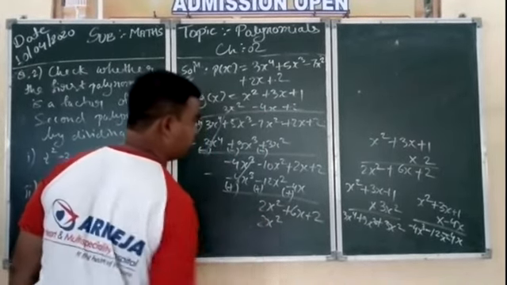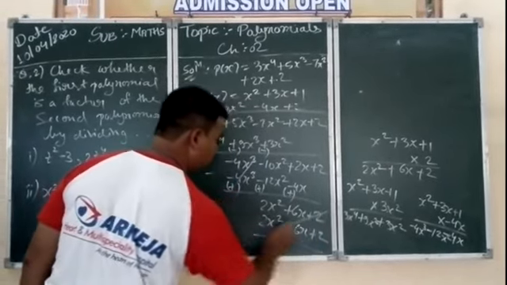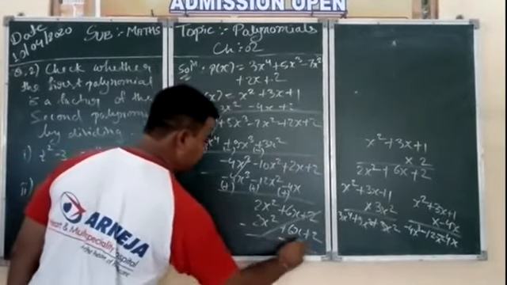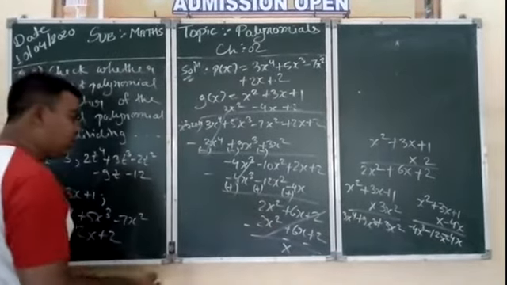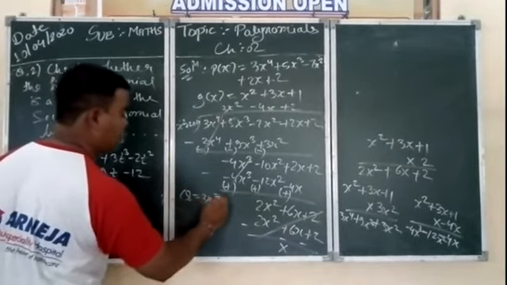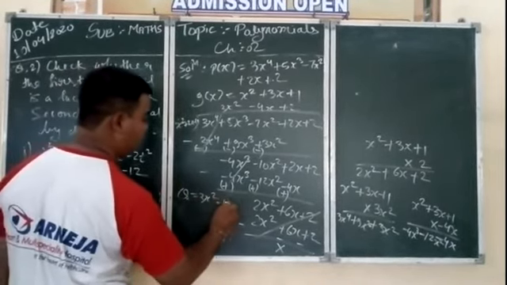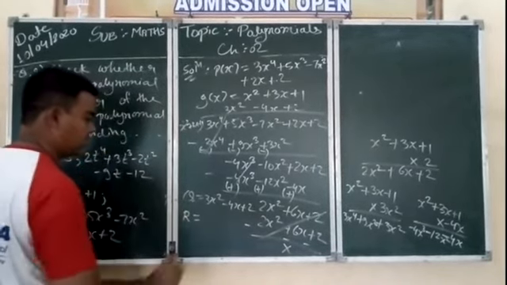So 2x square plus 6x plus 2 cancels with the minus sign. So the answer is 0. The remainder is 0, and the quotient is 3x square minus 4x plus 2.